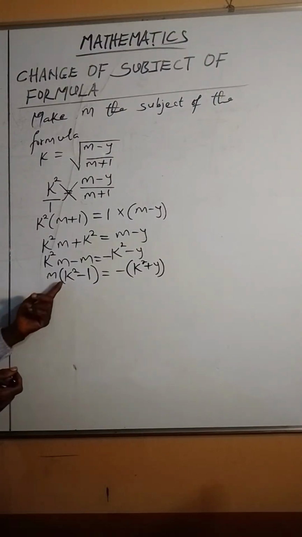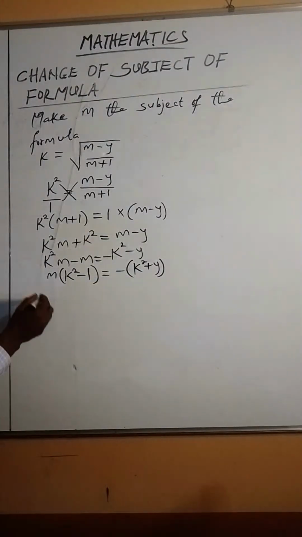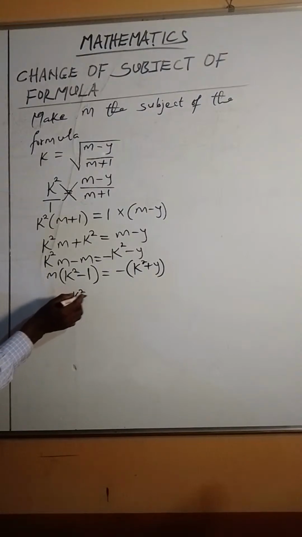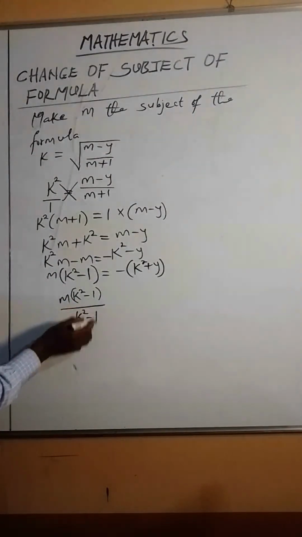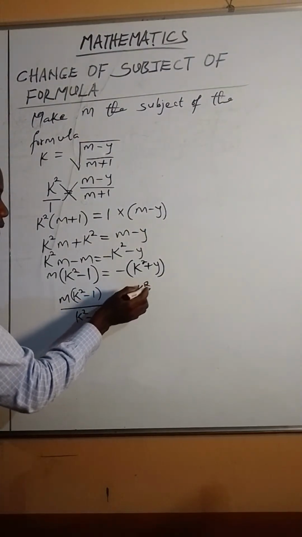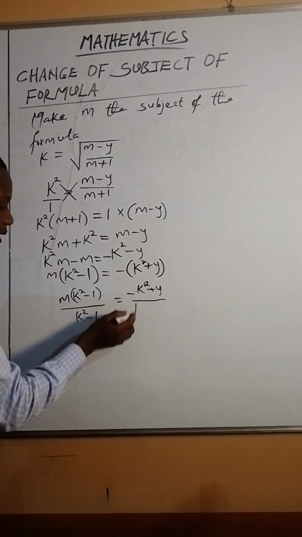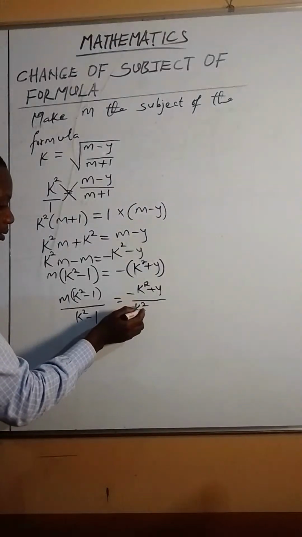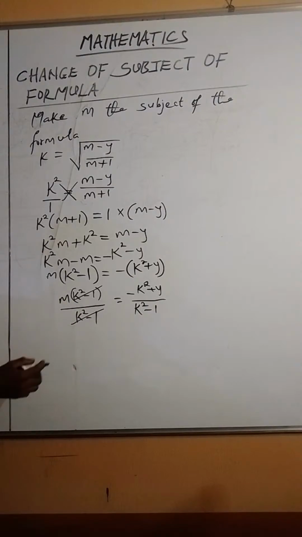Once we divide both sides by k squared minus 1, we are going to get our m as the subject of formula. So we have m times k squared minus 1 divided by k squared minus 1 equals to minus k squared plus y divided by k squared minus 1. So this will cancel this.